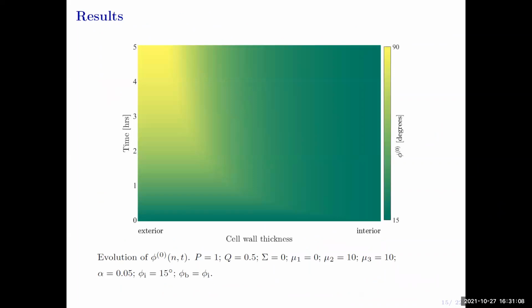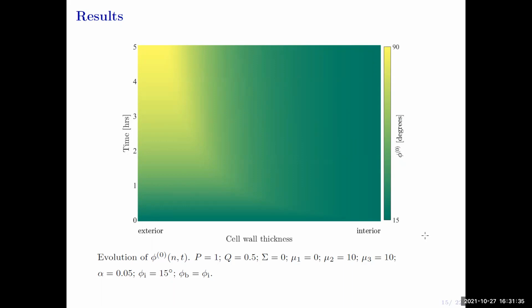So this first picture is a typical evolution of the fiber angle as a function of n, which goes across the thickness of the cell wall, and of course of time. The way this particular system is set up is that initially the fiber angle, phi, is 15 degrees everywhere, at time equals 0.